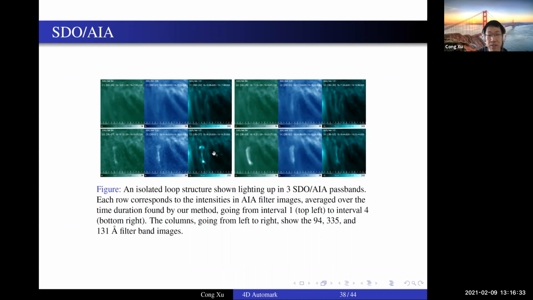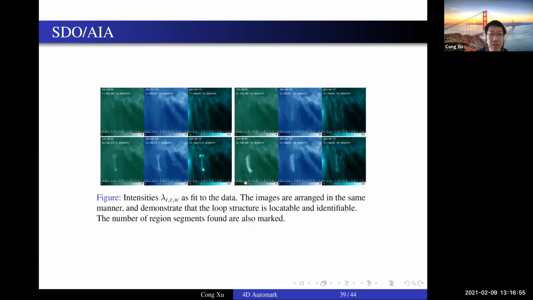It's not as obvious as it was before. For the whole procedure, we just detect 3 change points, and then we can split it into 4 different time intervals. So those are the average images for these 4 time intervals. So that's the story.